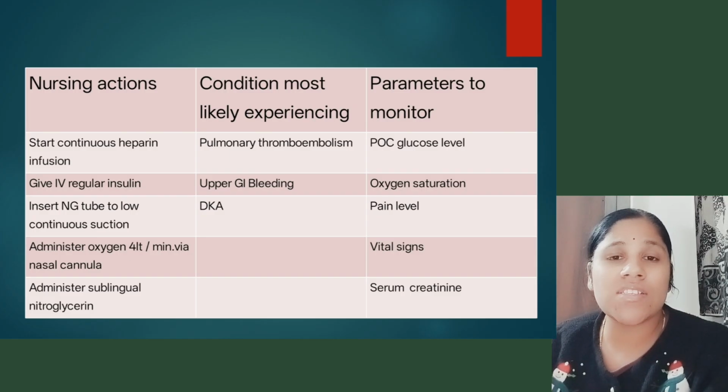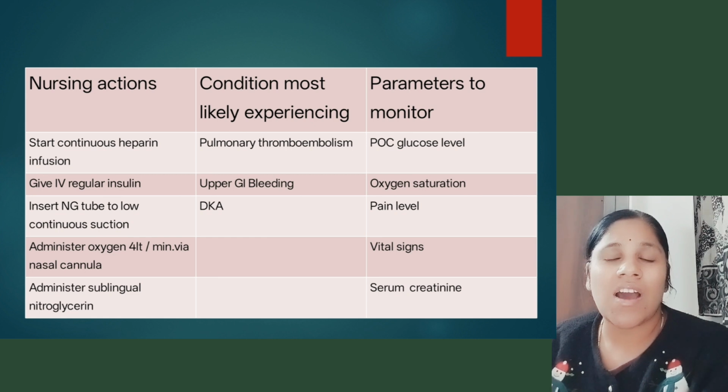And there is no evidence of an upper GI bleed, so the option to insert an NG tube to low suction is also omitted here. And there is no history of nausea or hematemesis stated in the history, so this is also the wrong option.